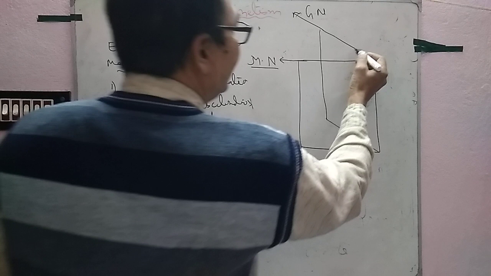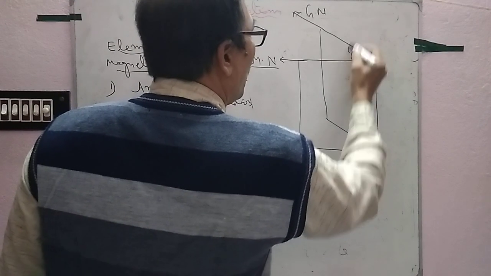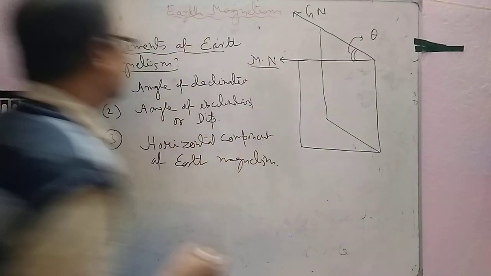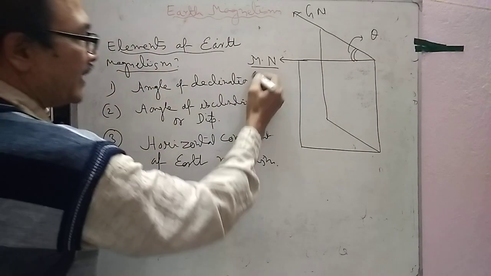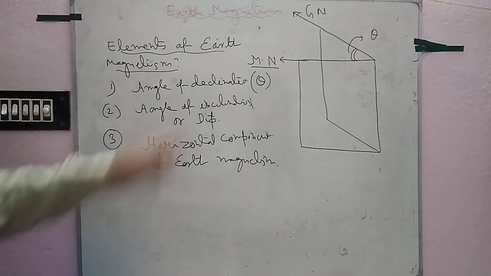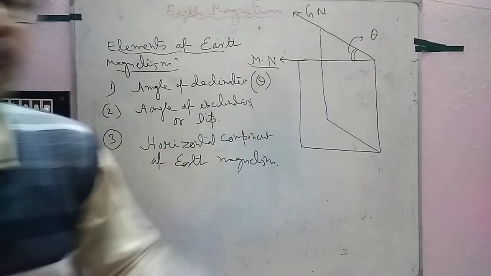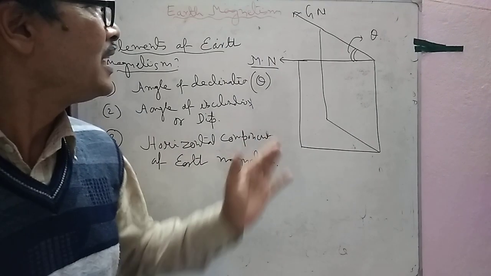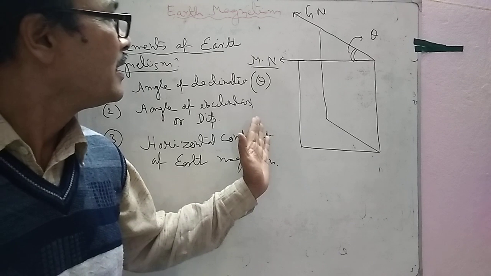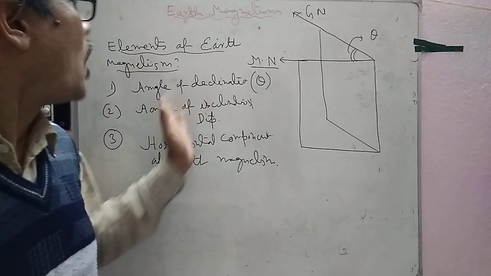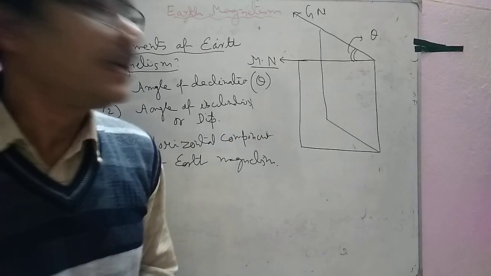So this angle, suppose theta, is the angle of declination. So what is the angle of declination? The angle at any place on the Earth's surface between the magnetic meridian and the geographic meridian is called the angle of declination. Clear?